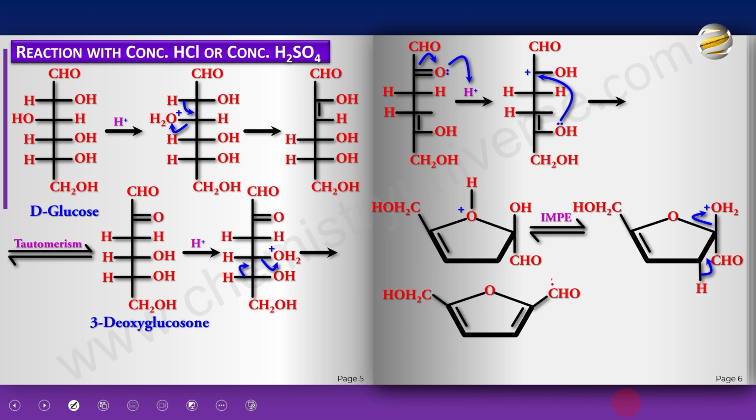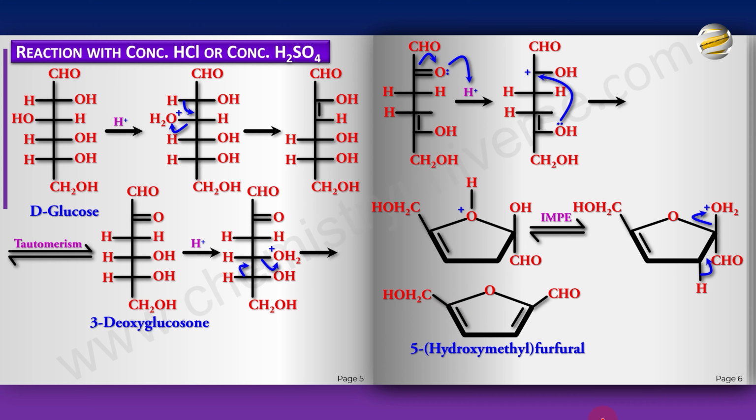This is carbon 1, this is 2, this is 3, this is 4, and this is 5. On the 5th carbon, you have the hydroxymethyl group. So this is called 5-hydroxymethyl furfural. This part is furfural, and on the 5th carbon, you have the hydroxymethyl group.